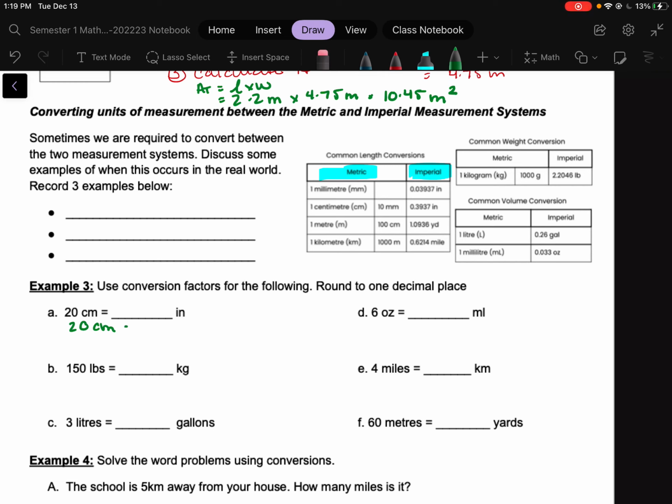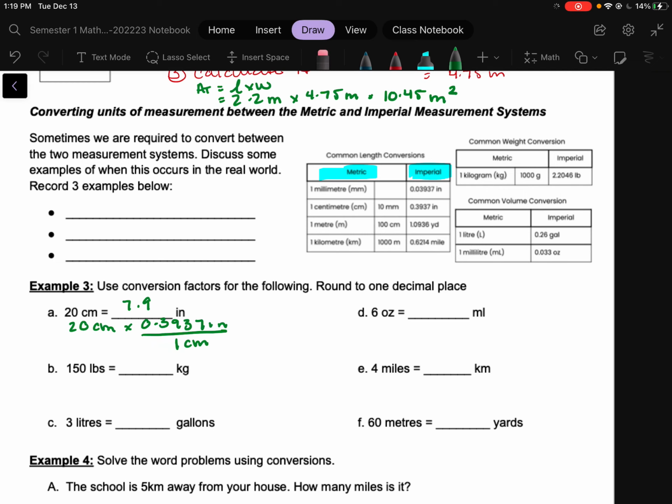So for metric to imperial, we have 20 centimeters here. We're going to multiply that by 0.3937 inches divided by 1 centimeter. And we will get an answer of 7.9 inches.